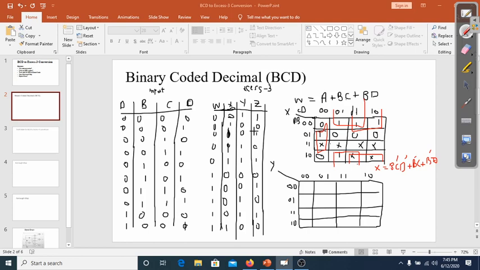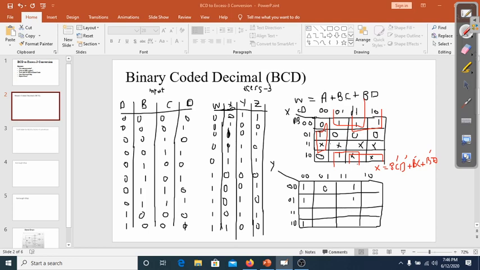So for output Y, by looking at these minterms, I will quickly fill this table. Here it would be 1, here is 1, here is 1, here is 1, here is 1, okay.